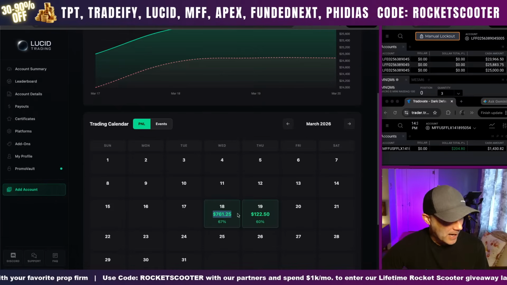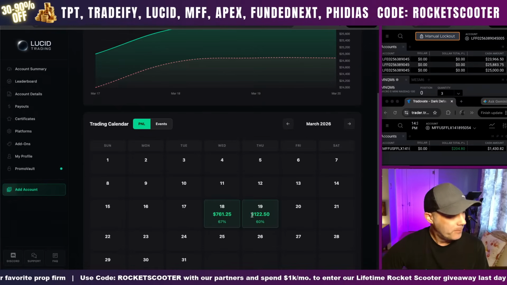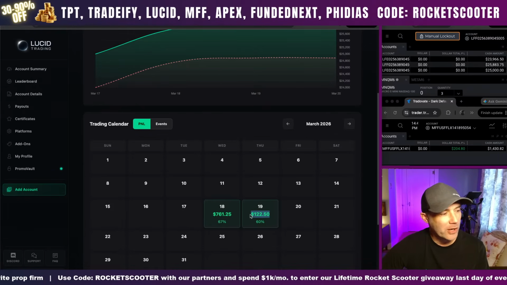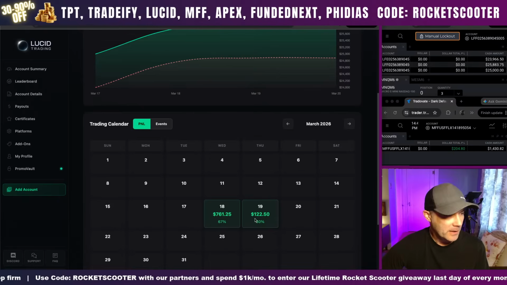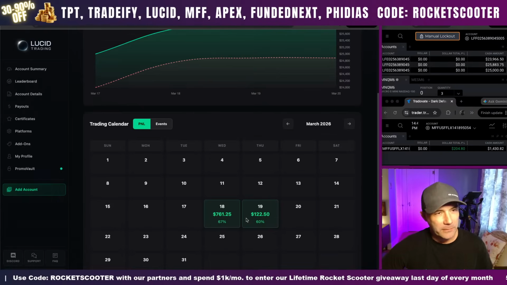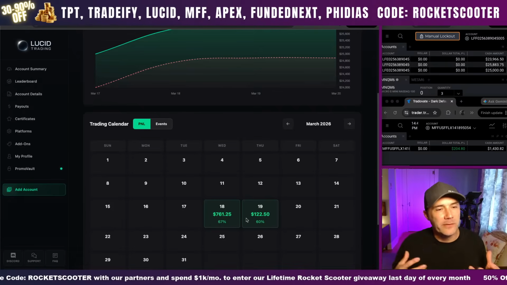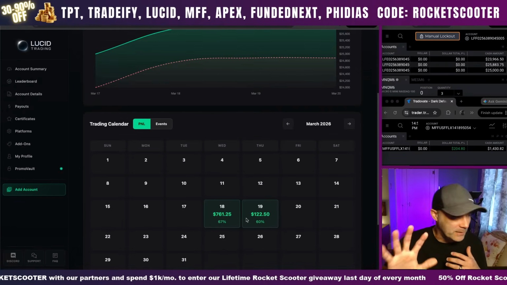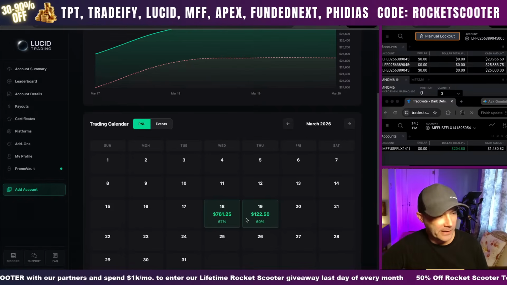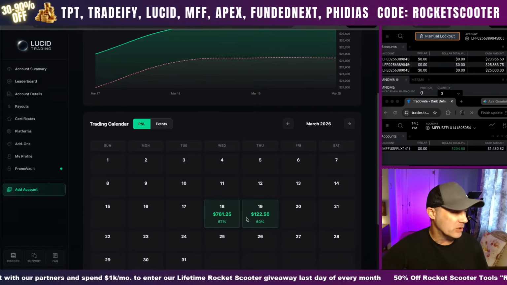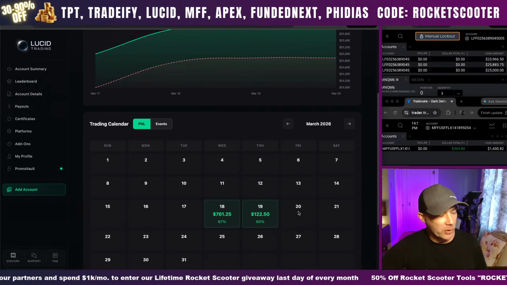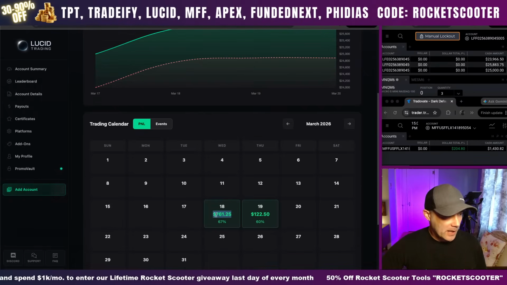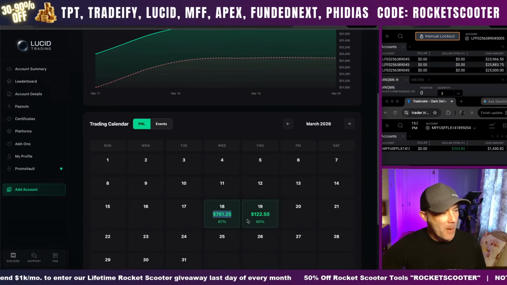You can see I'm trying to build the account, but if I don't have a really strong bias and I don't believe the environment is going to be conducive for me to catch a driving trade in my direction, I'm happy with locking in a minimum profit day and moving on. There'll be other days in the next 3 or 4 days that I'll have another opportunity to put some size on and build a bigger buffer, but always looking to try to lock in a minimum day if I can.